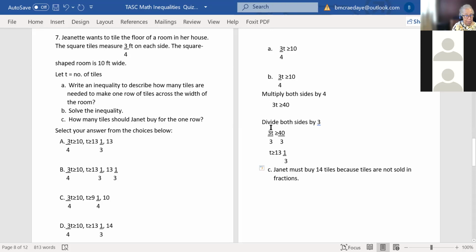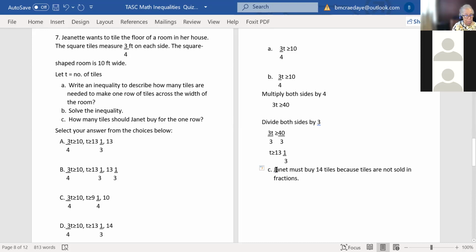Now, like Vanessa said, divide both sides by 3, and you get t greater than or equal to 13 1/3. But Vanessa knows you can't buy a fraction of a tile. You have to buy them as whole pieces. So Janet must buy 14.